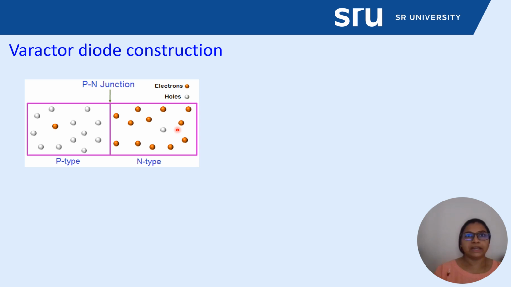The free electrons carry most of the electric current in the n-type semiconductor, and in the p-type semiconductor the holes are majority carriers. So holes carry most of the electric current in the p-type semiconductor.